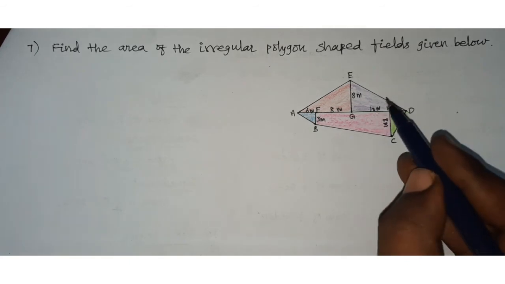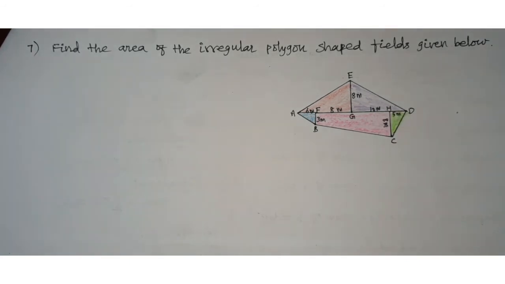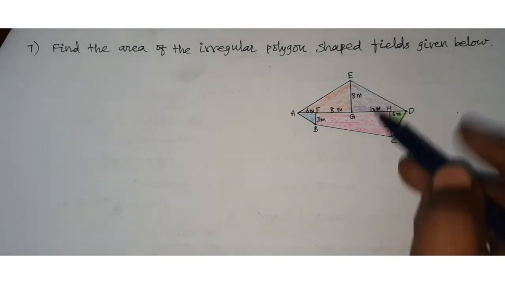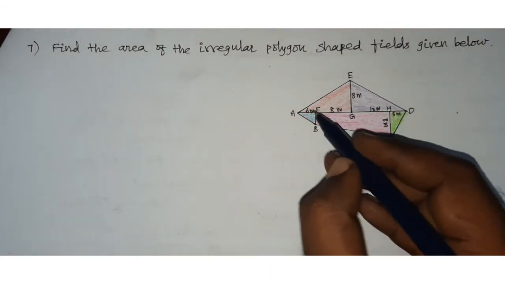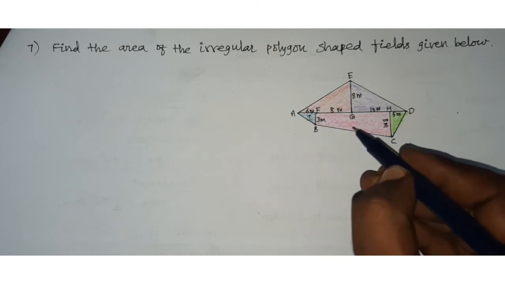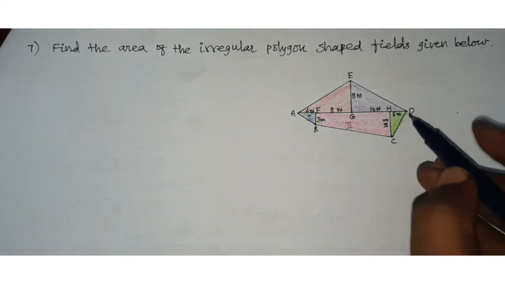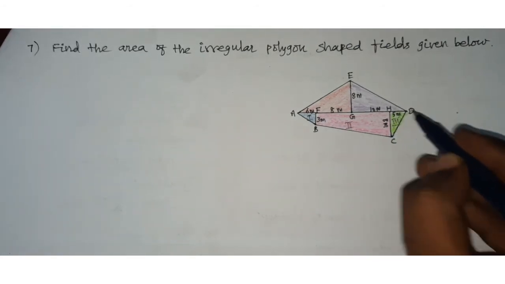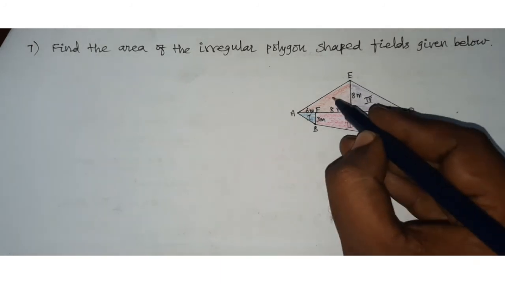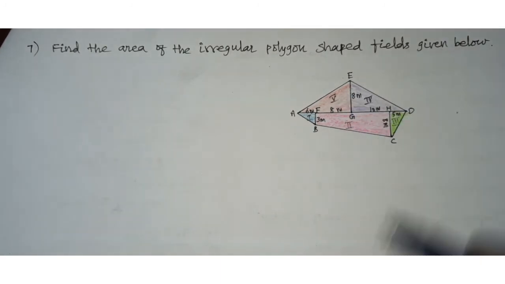So we can label each area by numbers 1, 2, 3 like that. So this is the first area, this is the second one, this is the third one, this is the fourth one, and this is the fifth one.